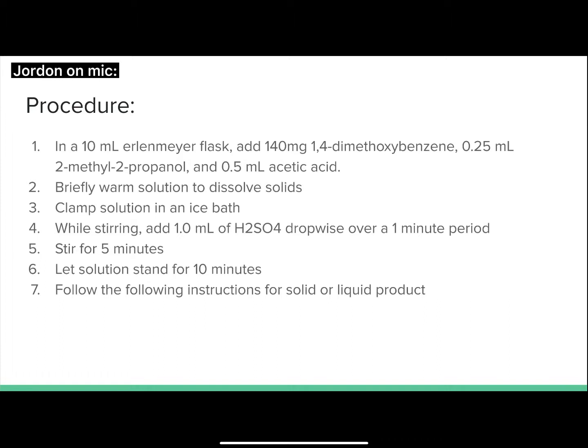Step 3, clamp solution in an ice bath. Step 4, while stirring, add 1 milliliter of H2SO4 dropwise over a 1-minute period. Step 5, stir for 5 minutes. Step 6, let the solution stand for 10 minutes. And then step 7, follow the following instructions for solid or liquid product.